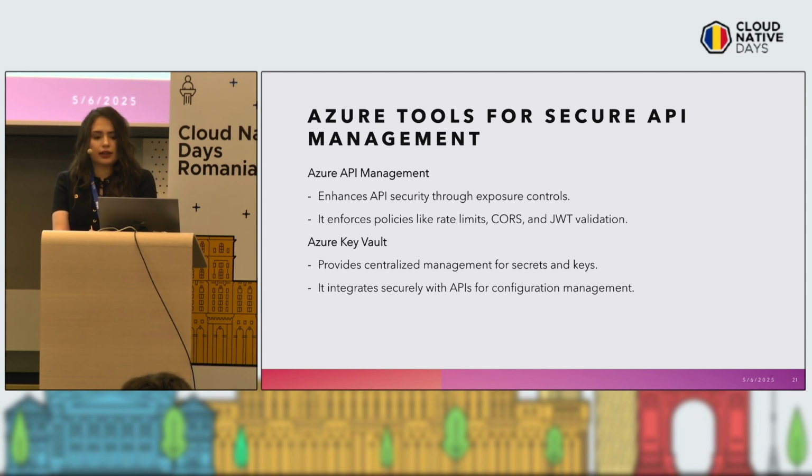Next, I'd like to cover the APIM and Azure Key Vault. How many of you are using APIM? Cool. And Key Vault, Azure Key Vault? More people. That's interesting. So you don't manage the API in APIM.